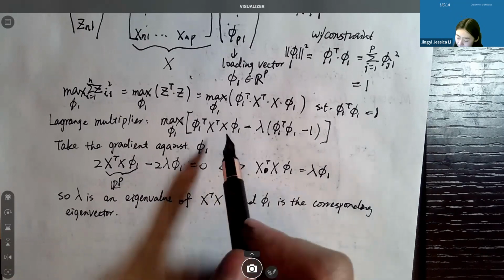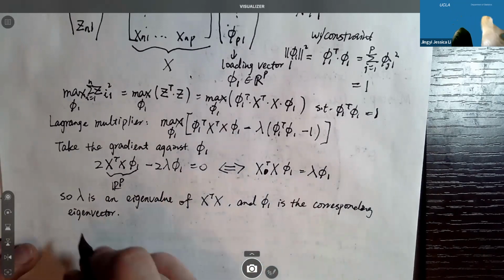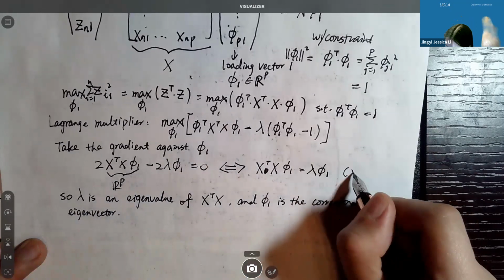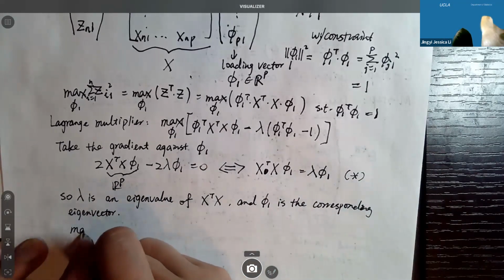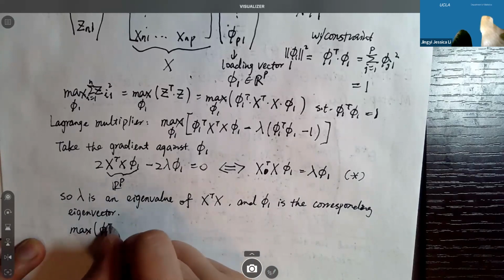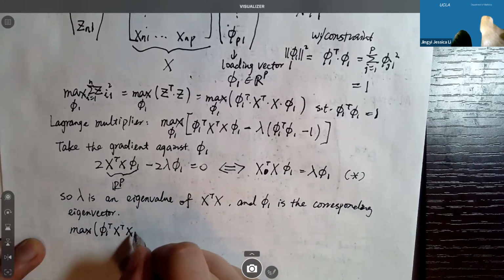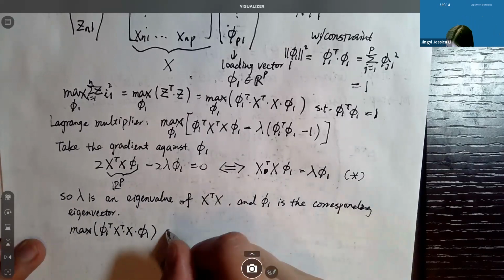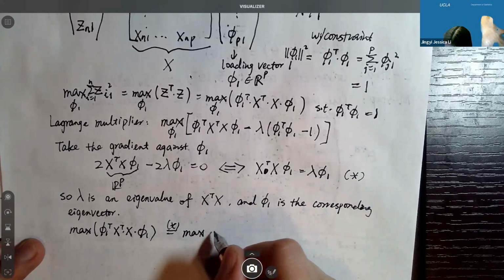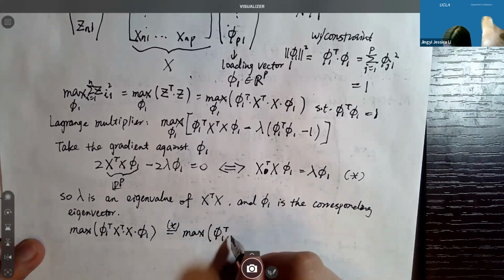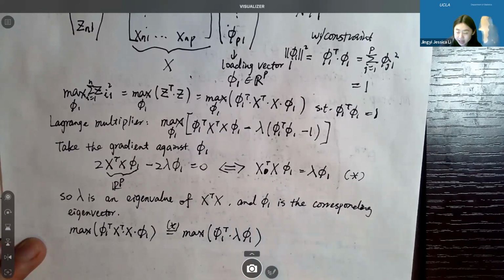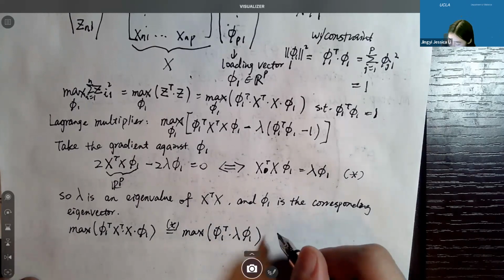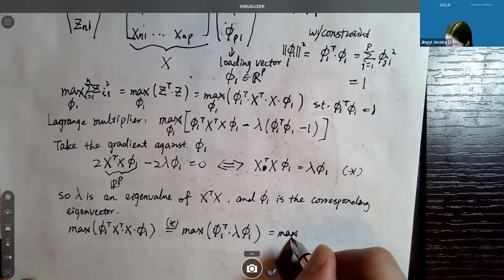Now let's go back to our objective function. Based on this relationship, this is the key for PCA. If we want to find the maximizer, you put this inside, and you will see it becomes lambda phi 1. Lambda is a constant, so it can go to the front, and phi 1 transpose phi 1 is 1. So it's just to maximize lambda.